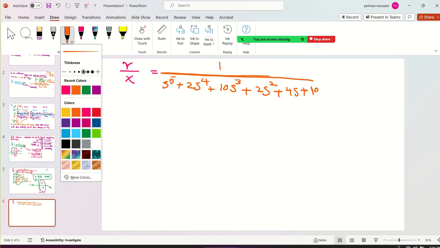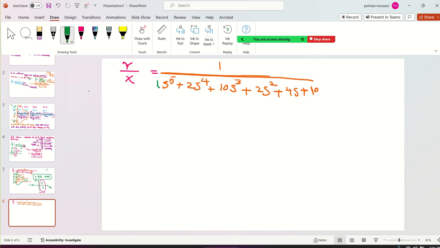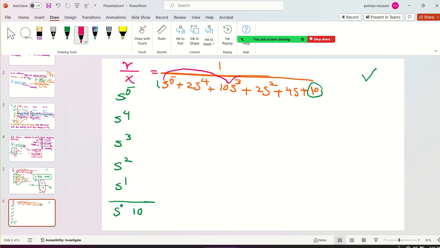First, check that all coefficients exist and are positive. Bingo. Second, we make the table: s^5, s^4, s^3, s^2, s^1, s^0. We know the last line we copy from here, 10.